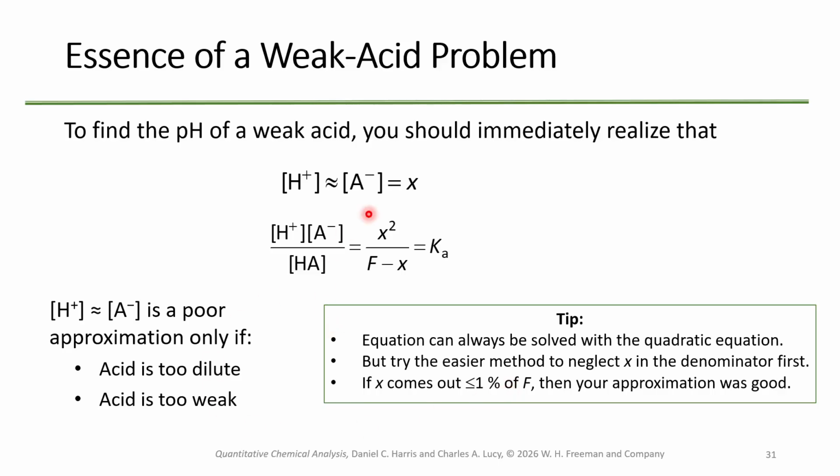That we can make assumptions that our concentration of H plus and concentration of A minus are going to be the same numbers as long as our acid is not too dilute or our acid is not too weak, right? As long as those two things are true, this is going to be a good assumption. Now, the other thing we can do is we can have the formal concentration minus that same value of the A minus, because that is going to be the remaining stuff that comes apart, right?